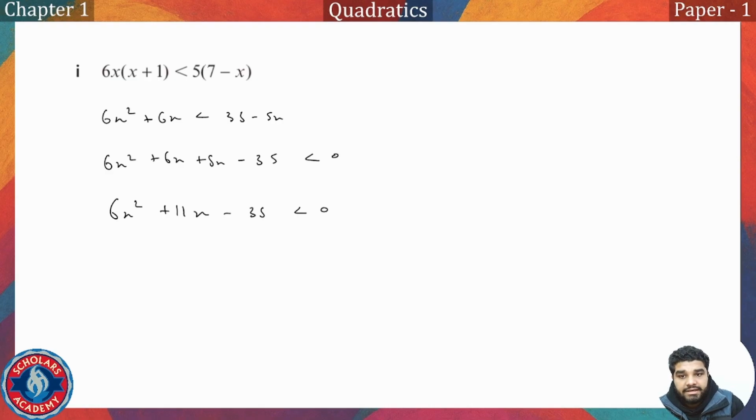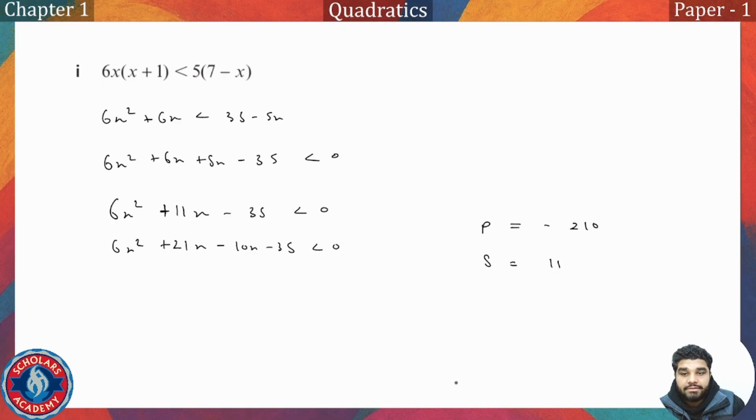If we multiply 35 to 6, what we get is 210. Product for this quadratic equation is equal to negative of 210 and sum is 11. So if we split this middle term, we get 6x squared plus 21x minus 10x minus 35 is less than 0.